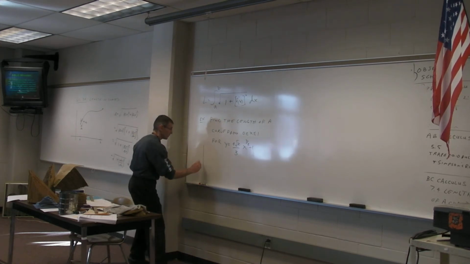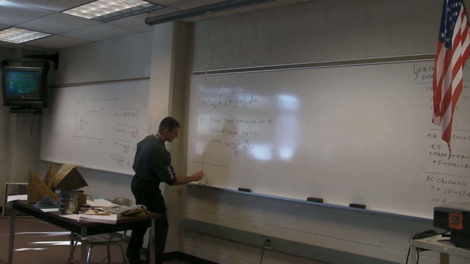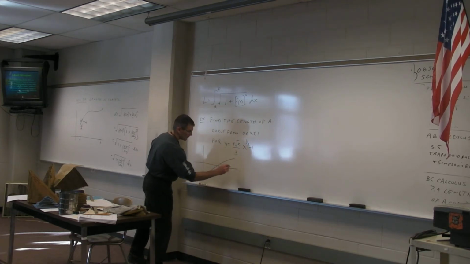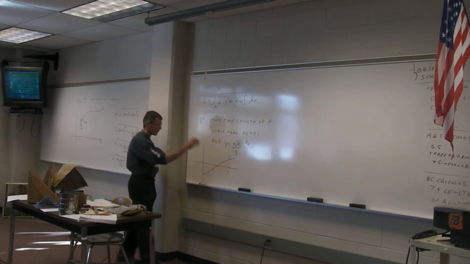If I was to plug this into the calculator, it turns out to be a curve that looks something like this and goes to 1. Essentially, what is the length of the curve?